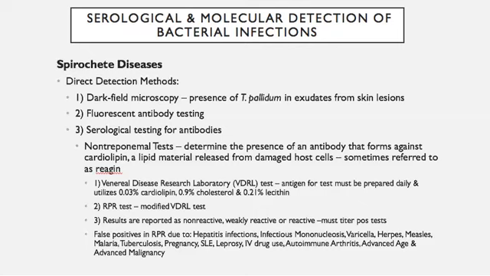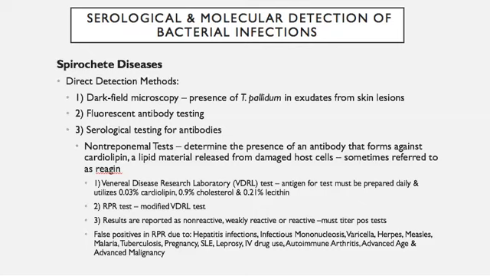non-treponemal test. So the non-treponemal tests determine the presence of an antibody that forms against cardiolipin, which is a lipid material released from damaged host cells. So it's sometimes referred to as reagin. It's found in the serum of patients with syphilis, but also several other diseases.